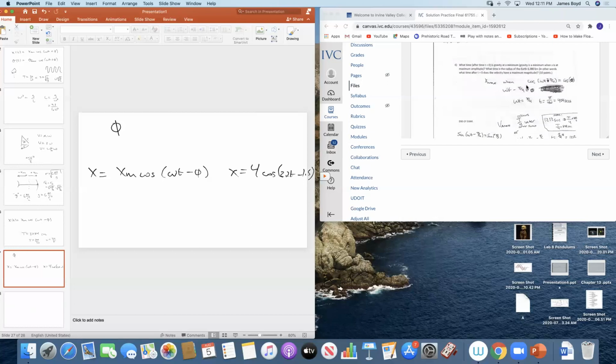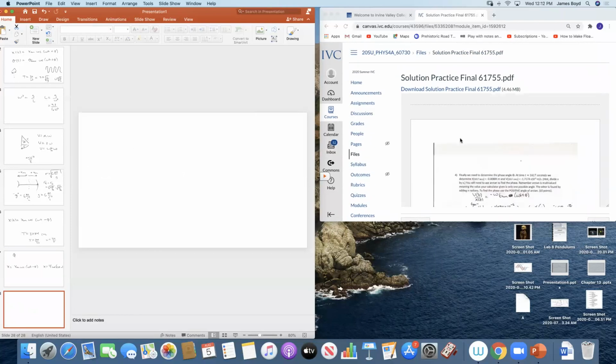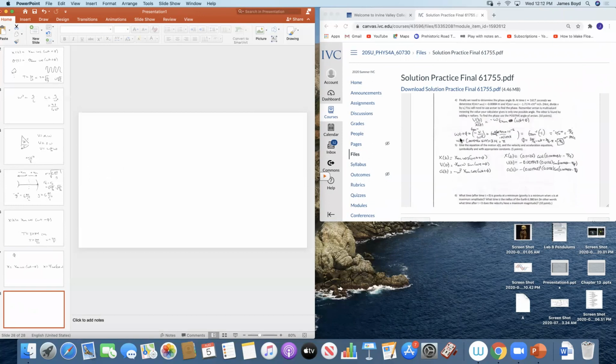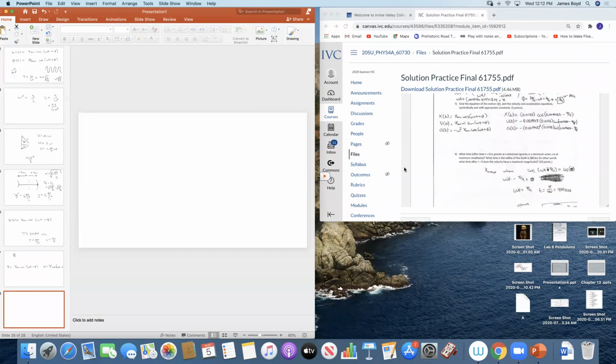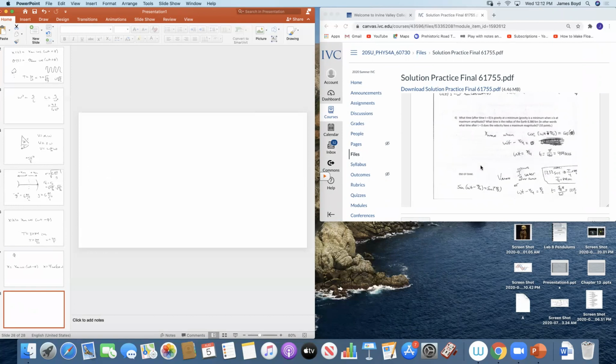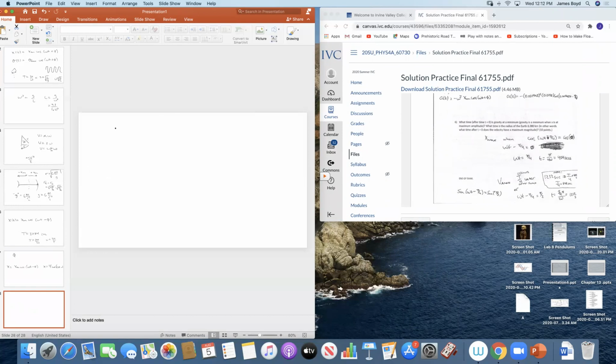And then what time is gravity a minimum? What time is gravity a maximum? So basically what we're saying is when is R greatest, when is R least, and at what time do those happen? I don't know when it started. It was at pi fourths. So how you could do this is find when X is a max, find the time.